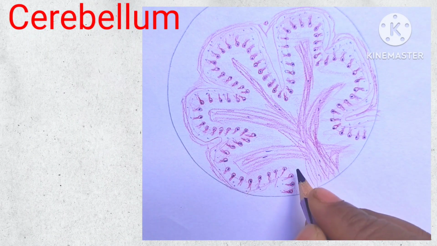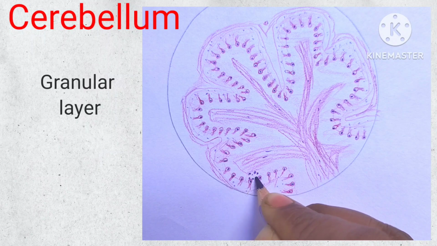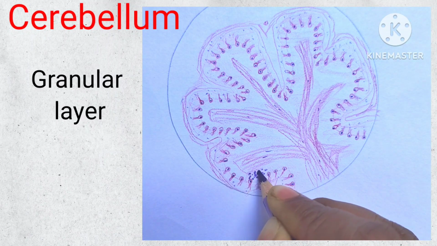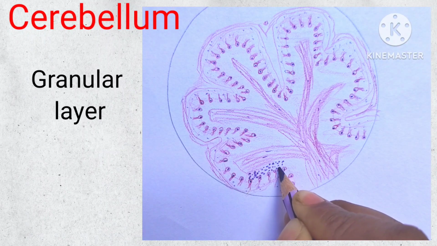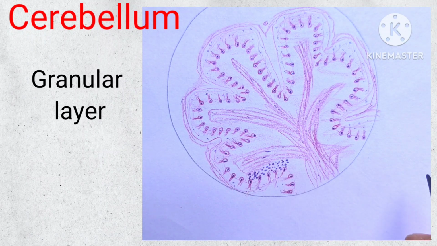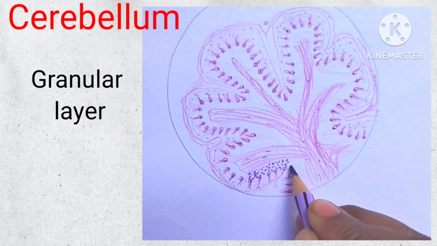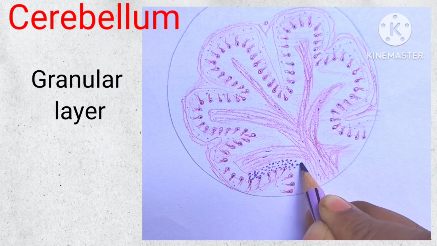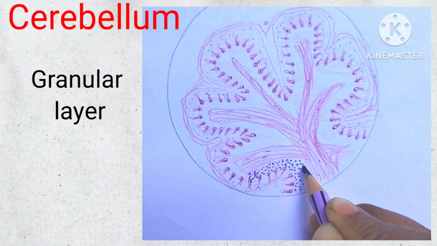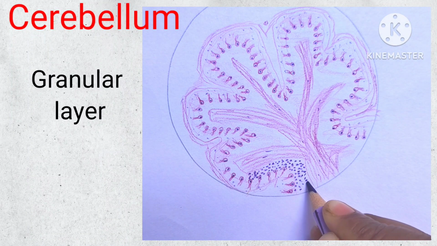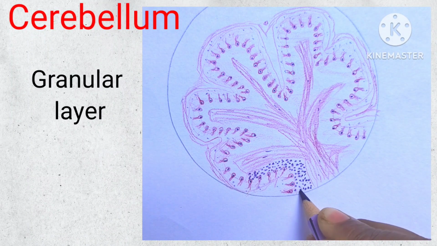Now coming to the third layer, that's the granular cell layer. So here the number of granular cells will be more. And also we have Golgi cells, the largest cells. So keep more nuclei there. So that's between Purkinje cells and the white matter we have drawn. Keep a lot of nuclei. That's the granular layer.